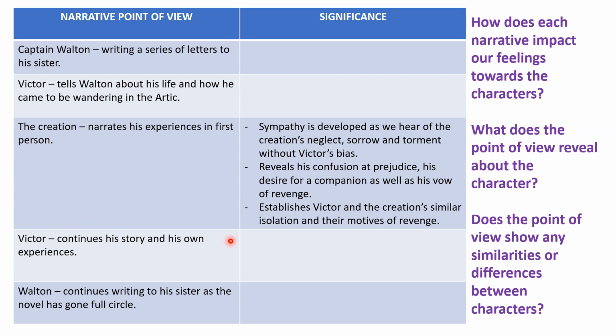Particularly, this narrative here from Victor should be quite different to this narrative here, because at this point we don't know anything about the creation. At this point we do. So do our opinions of Victor change after we've heard the creation's point of view? And then finally, Walton at the end. Pause the video and return when this table is complete, please.